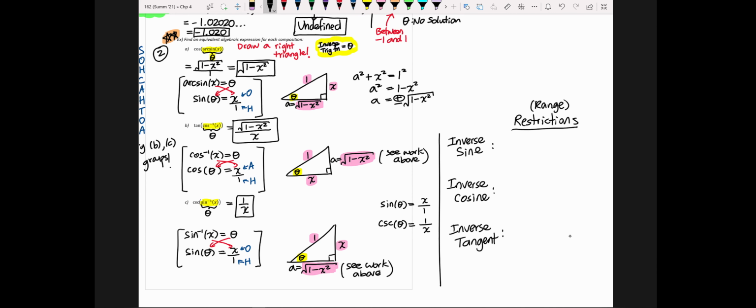So inverse sine: to find inverse sine, you find the angle that satisfies the equation after you do the switch, but it must also be in the restriction between negative pi over 2 and pi over 2.